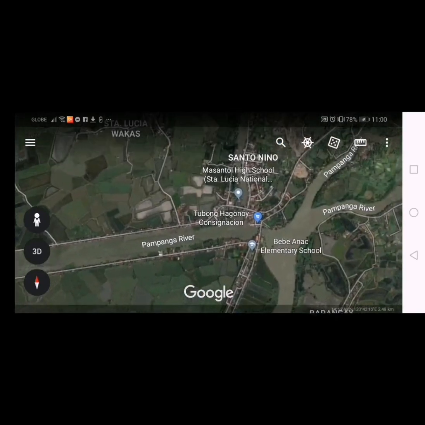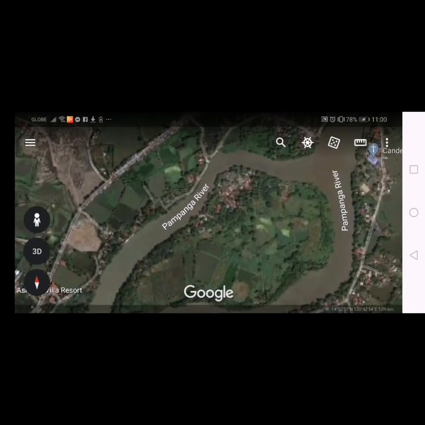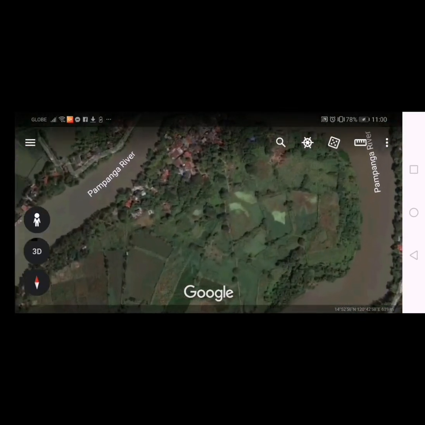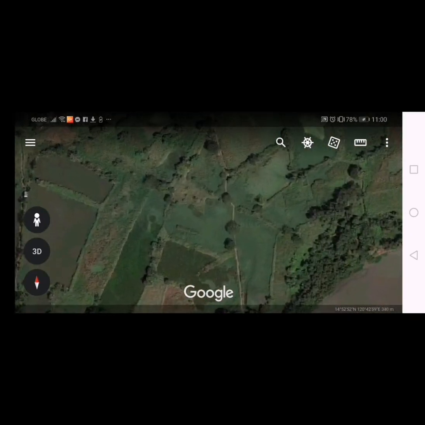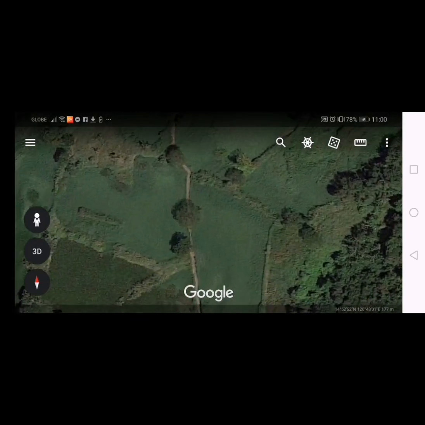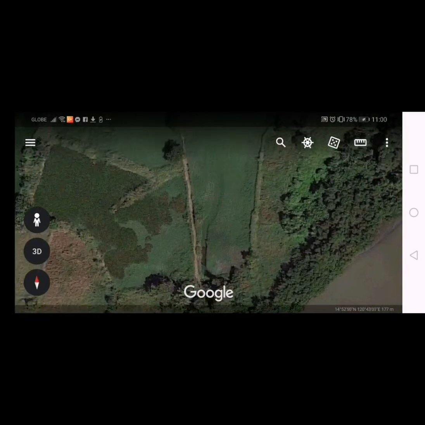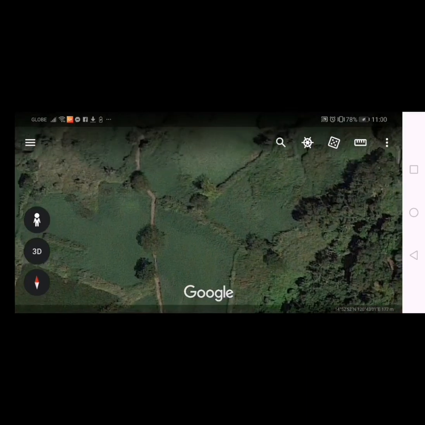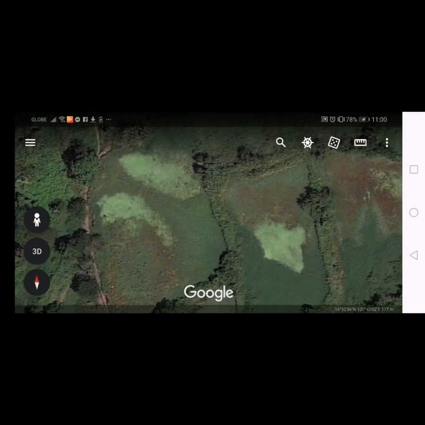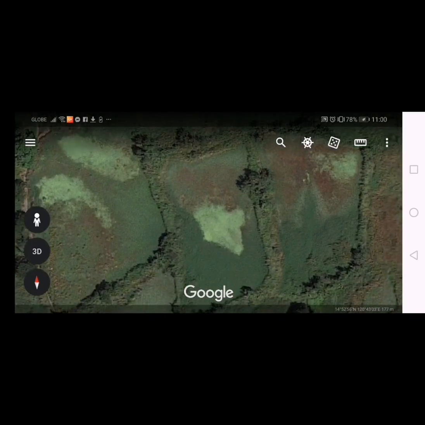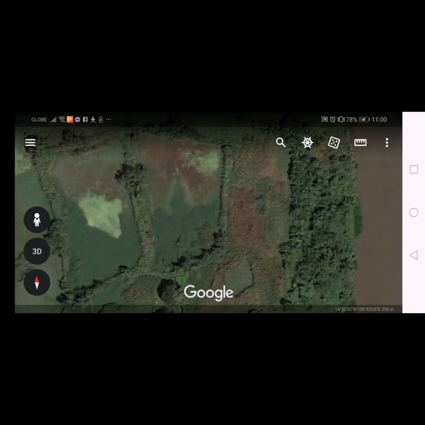Okay, so there is the river delta. You're actually seeing an island in the middle of the river. And look at the island. What's sad about it? There are structures underneath the island which actually look like rice paddies. But it cannot be rice paddies because there are no rice fields there.